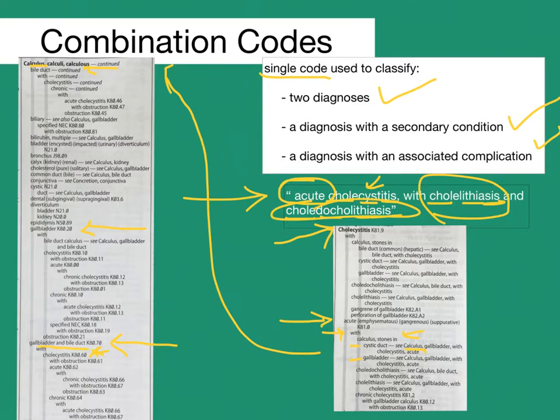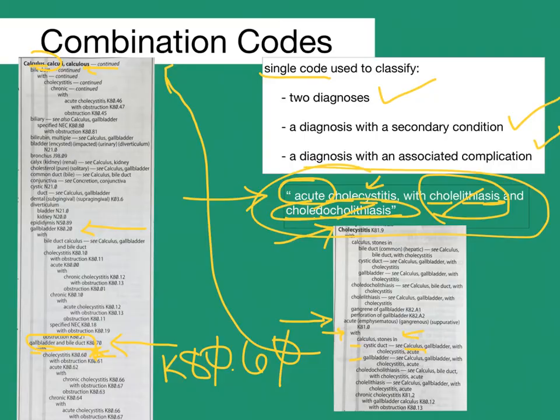Oh, all right, so we've got stones, calculus, in the gallbladder and bile duct, so that takes care of this and this, with cholecystitis, that inflammation of the gallbladder. That leads us to code K80.60. So one code, a combination code, took care of this entire diagnosis statement.